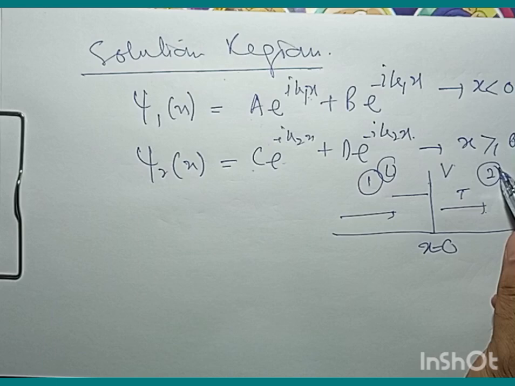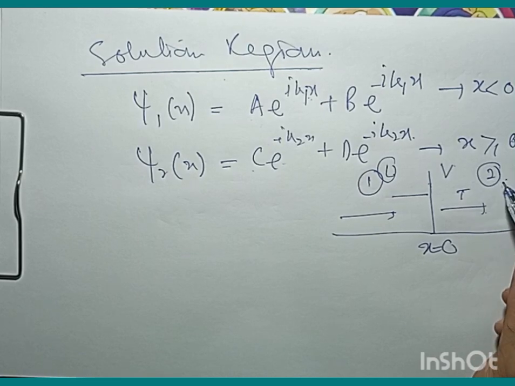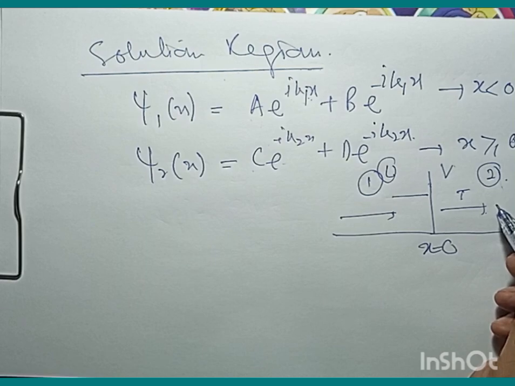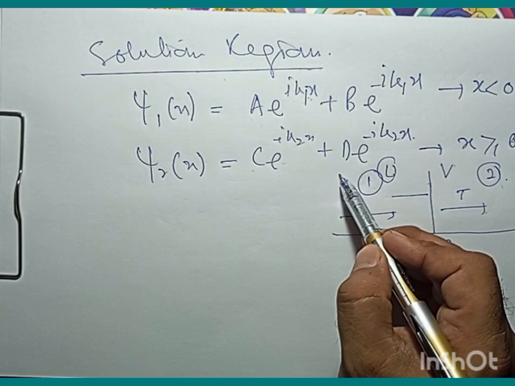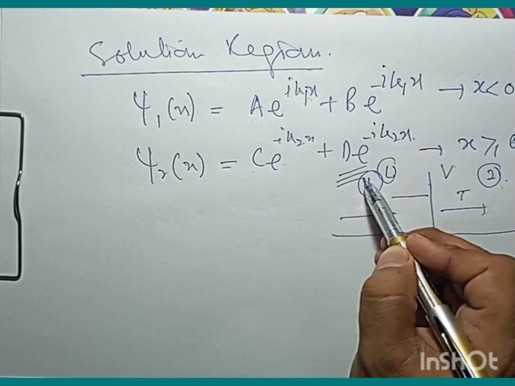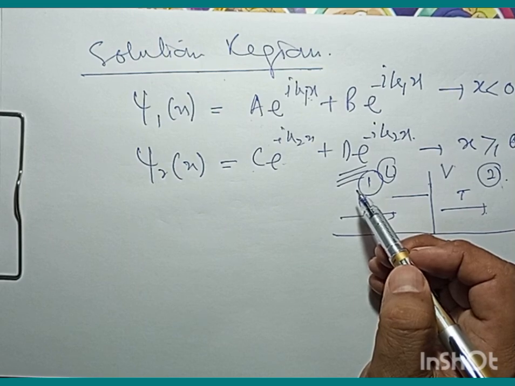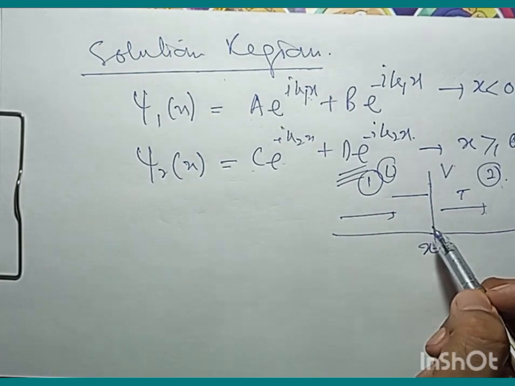In the right region, there is no possibility of a reflection of these particles. So this constant D must vanish. This whole thing must vanish, and we are surely dealing with stationary states here.